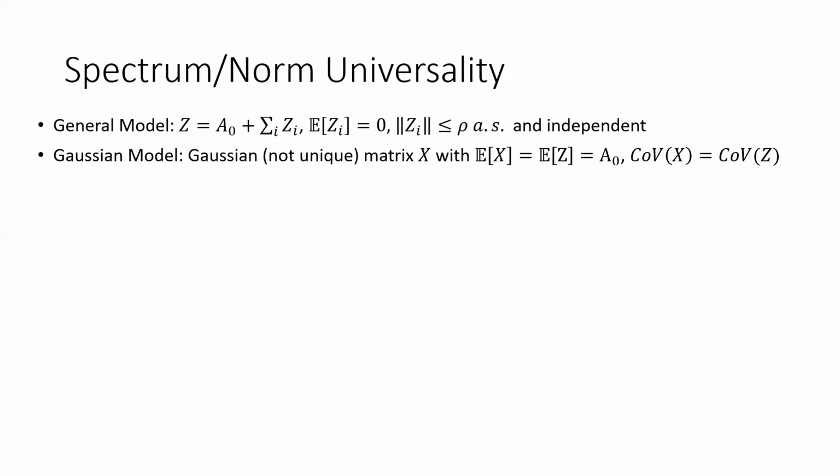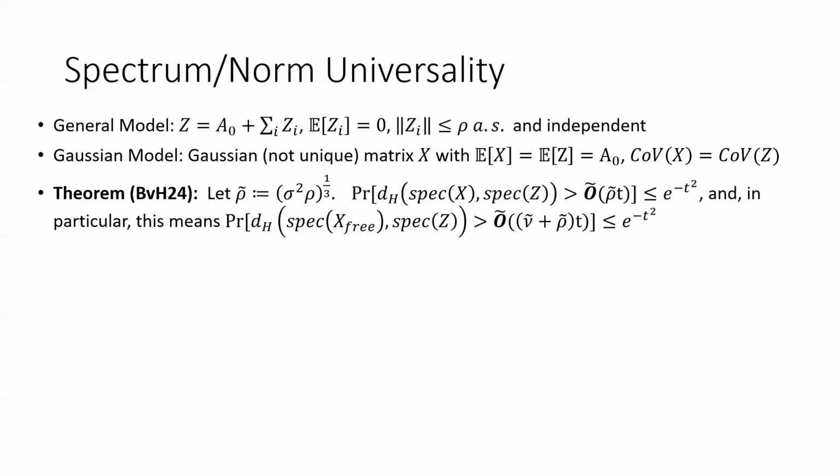And the idea of universality is that if we define a Gaussian matrix that has the same mean and covariance as this matrix, then the eigenvalues of these two matrices are close to each other as long as this rho parameter is small.